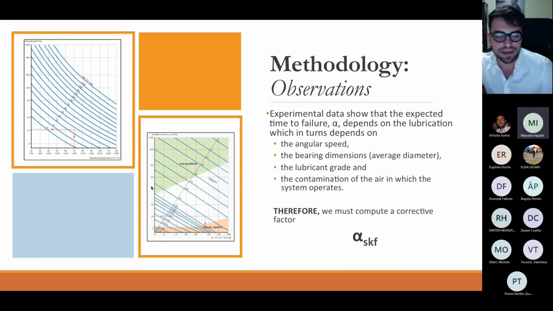Indeed, the experimental data show that alpha depends on lubrication conditions, so it depends on the operating conditions as well, which are dynamic. So we need to consider a corrective factor that we call alpha SKF, because this considers, as I said, the operational condition.